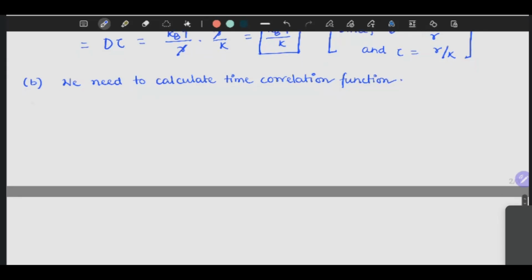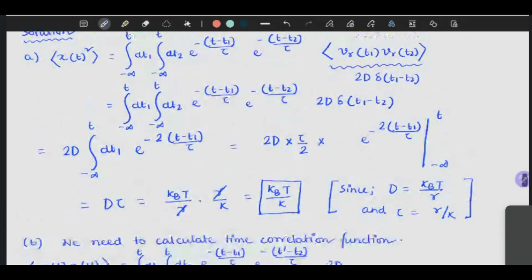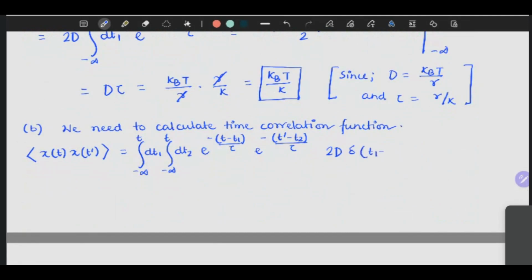So then we should write x(t)x(t prime) is equal to the integral from minus infinity to t dt1, the integral from minus infinity to t dt2, e to the power minus (t minus t1)/tau, e to the power minus (t prime minus t2)/tau, and this guy, then it will be 2D delta(t1 minus t2).